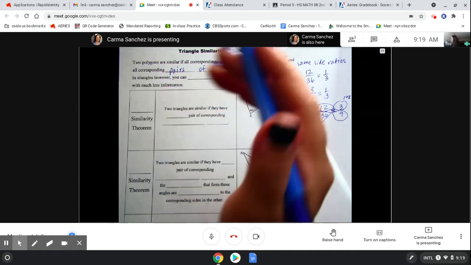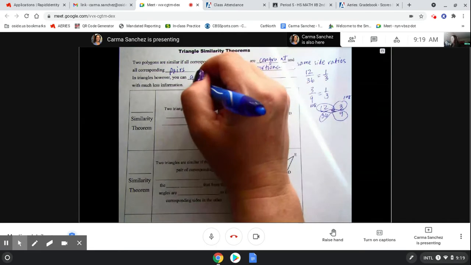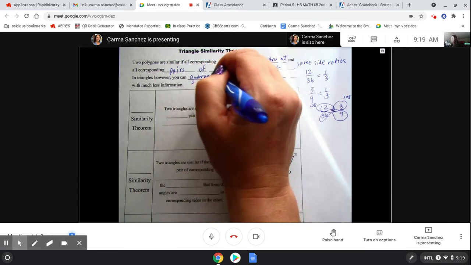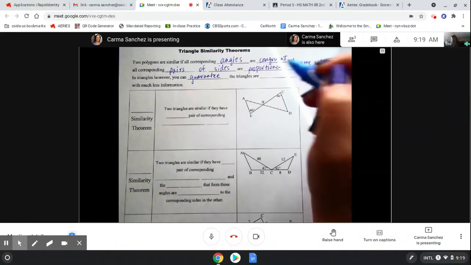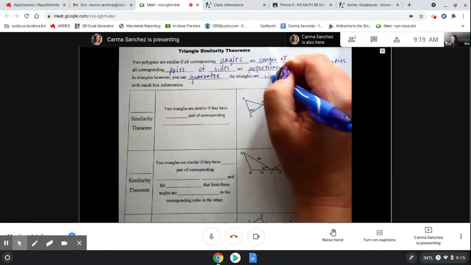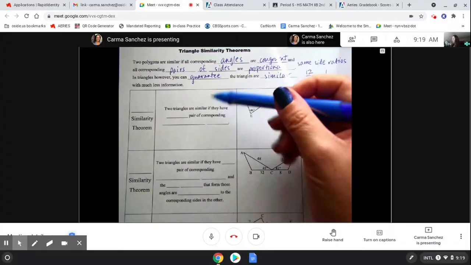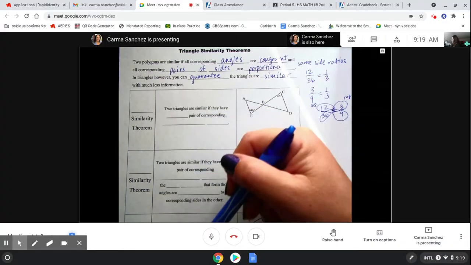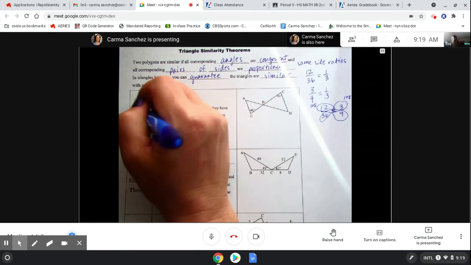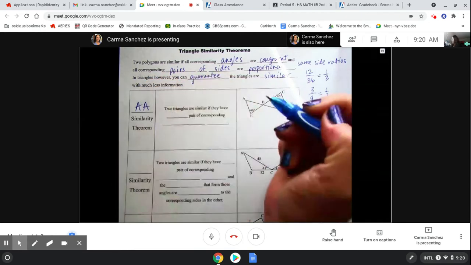So in triangles, you can guarantee the triangles are similar with much less information. So here comes our three postulates that we're going to be learning today. The first one is called AA Similarity Theorem.